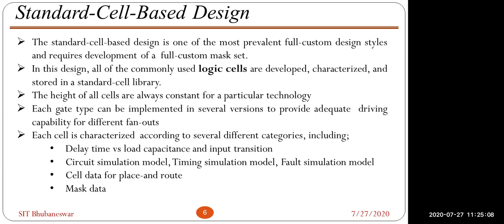The tool will read that and optimize, place and route all these standard cells. This is the normal way, but later we will discuss standard cells in more detail, because it will take a 1 or 2 hour class just on standard cells.